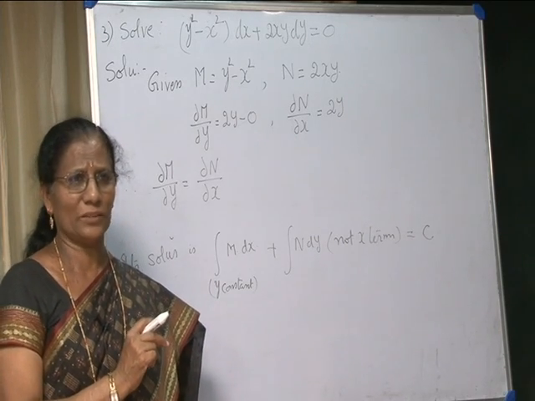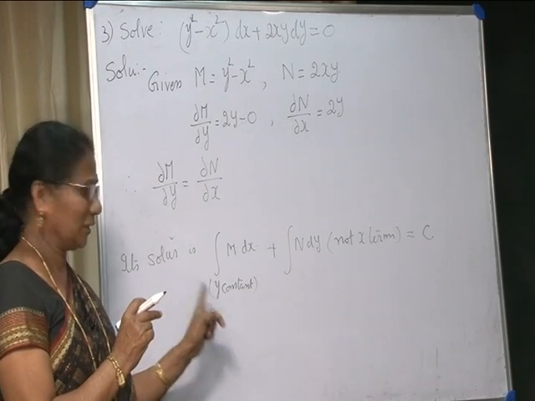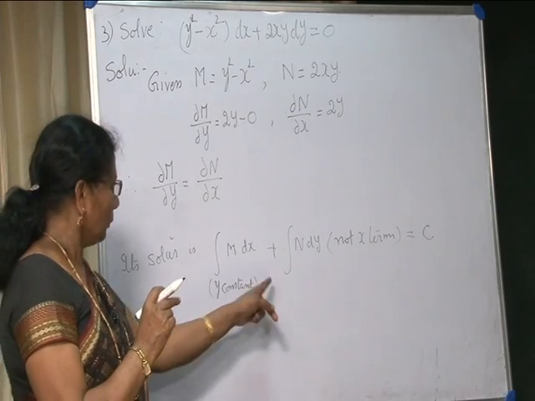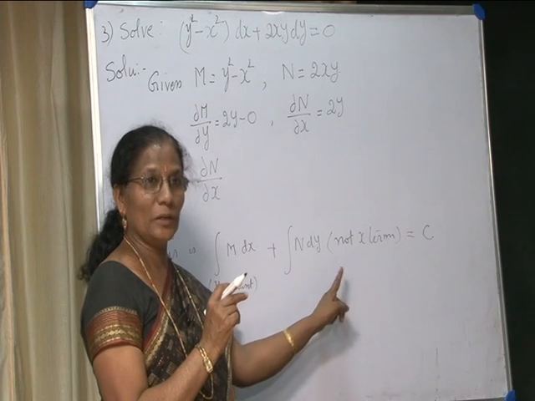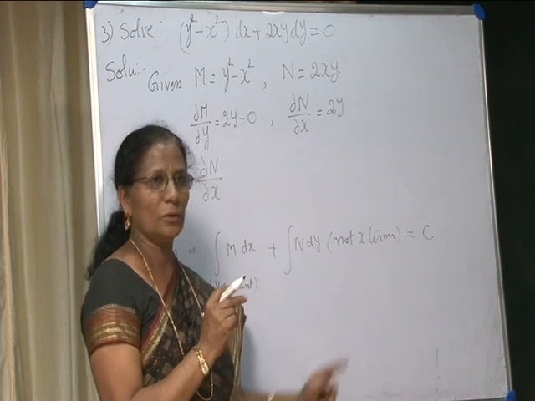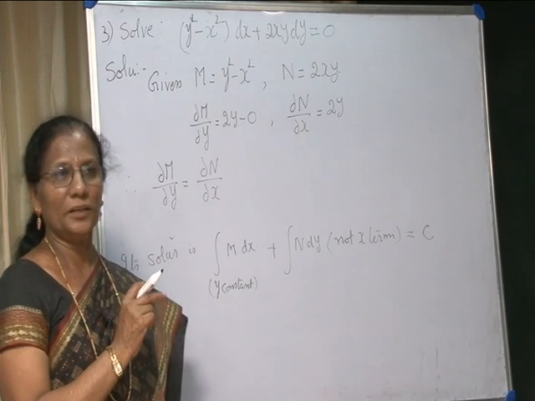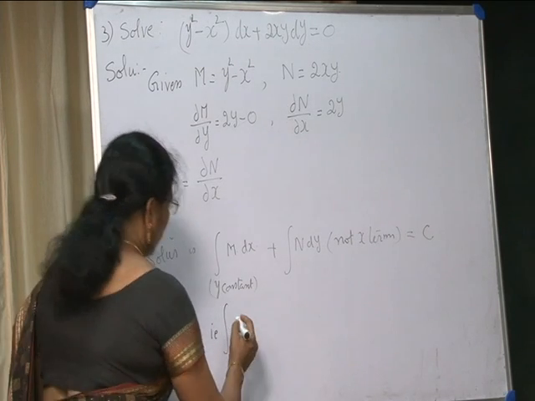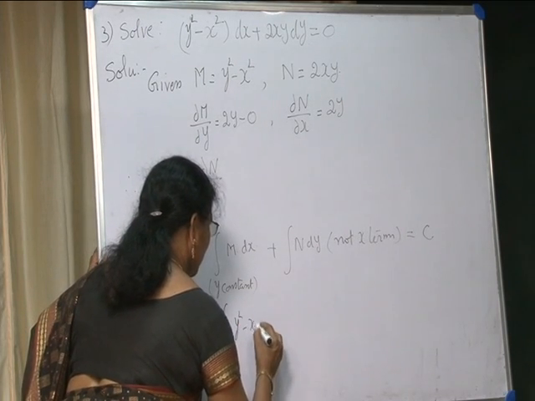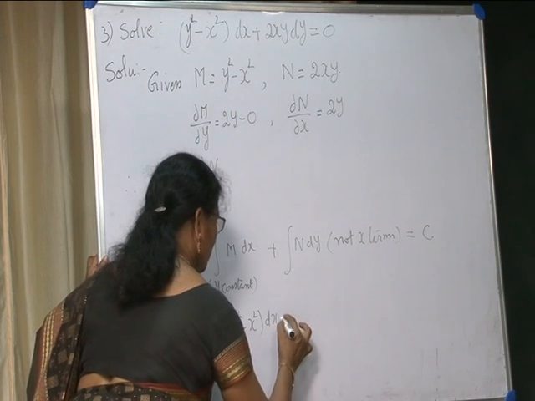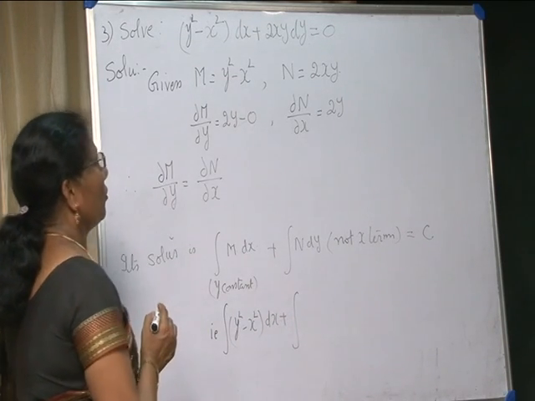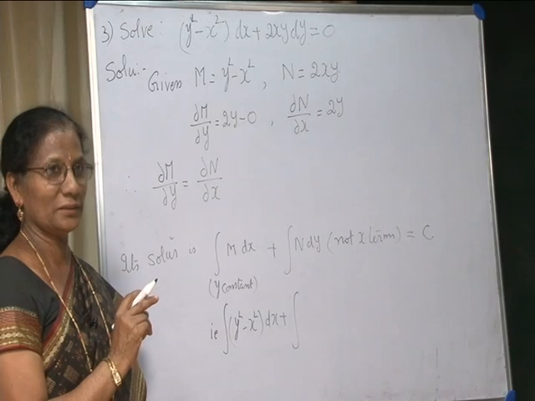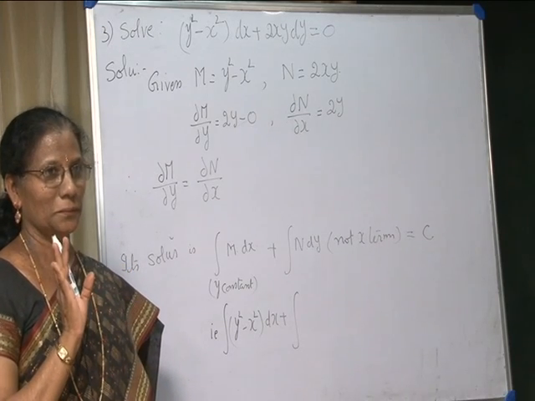Once it is an exact equation, we can write the solution directly. Its solution is integral of M with respect to x keeping y constant, plus integral of N with respect to y but not x terms, is equal to some constant, that is the integral constant. So, that is integral of (y squared minus x squared) dx plus integral of N with respect to y but not containing x terms.